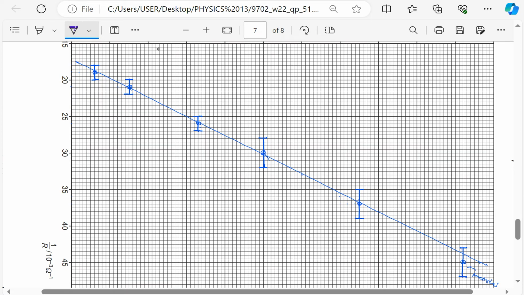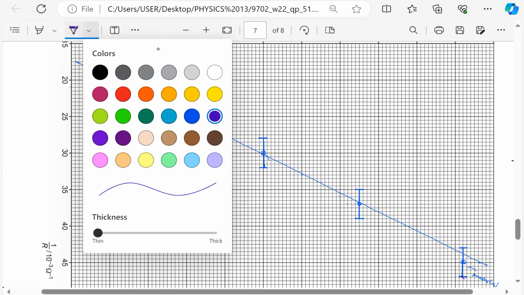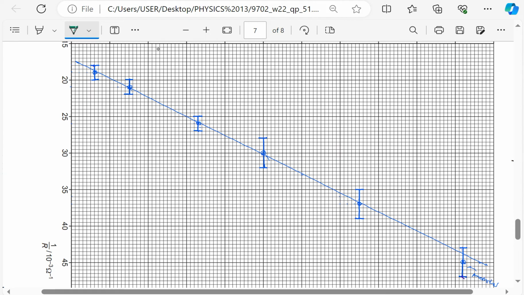So if I try to check from the top of the top error bar to the bottom of the bottom error bar, I realize that all the error bars are crossed, so that is a very easy line to draw. I have to change the color, let me use green. No, the bottom error bar is not crossed, so I have to redraw this.